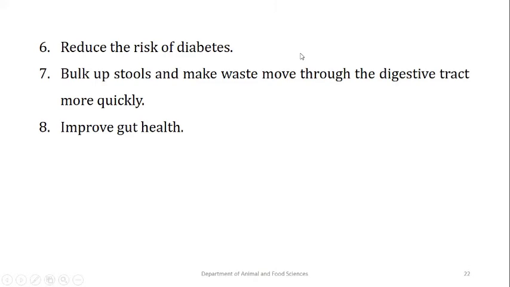Then it indirectly helps reduce the intake of sugars, a lot of sugars, so it indirectly reduces the risk of diabetes. It also bulks the stools, makes waste move through the digestive tract more quickly, and improves gut health in various ways. So these are the benefits of dietary fiber.